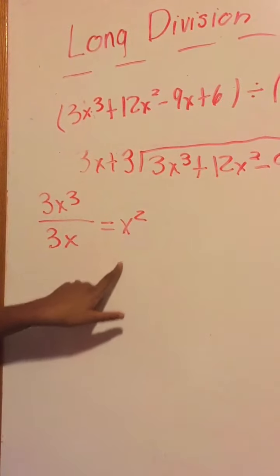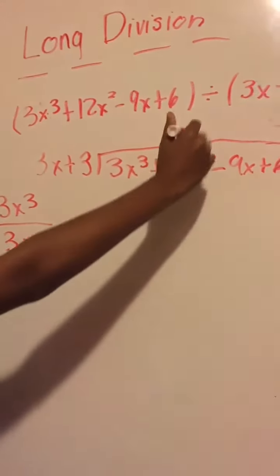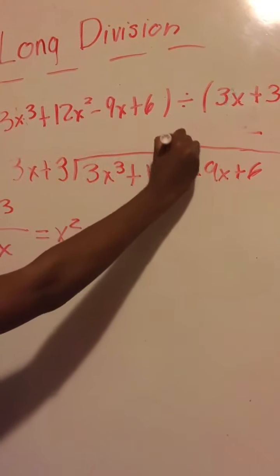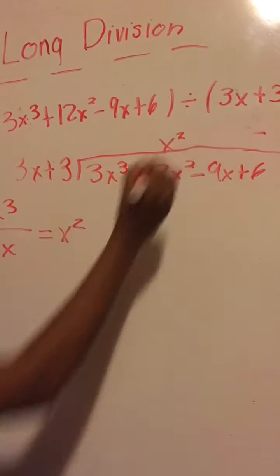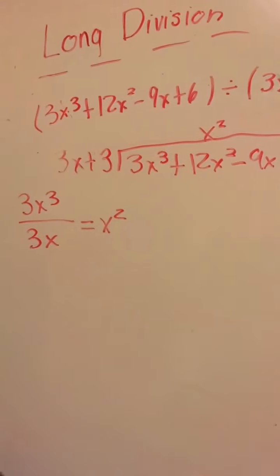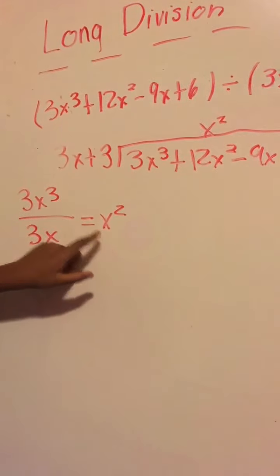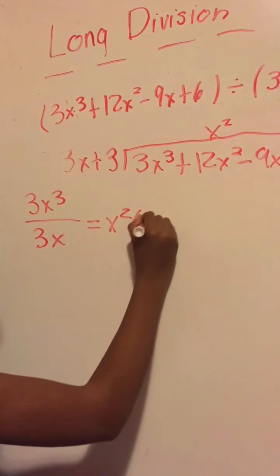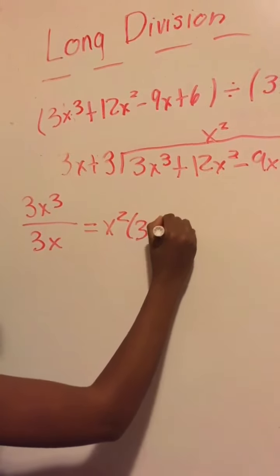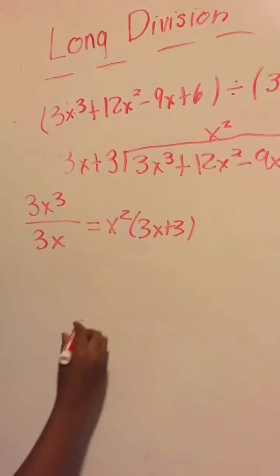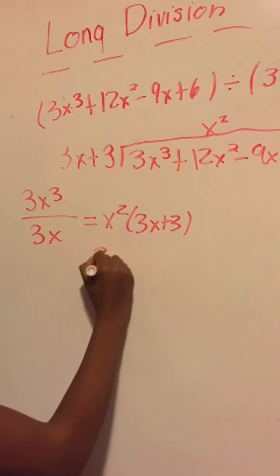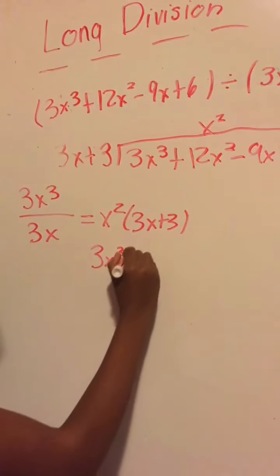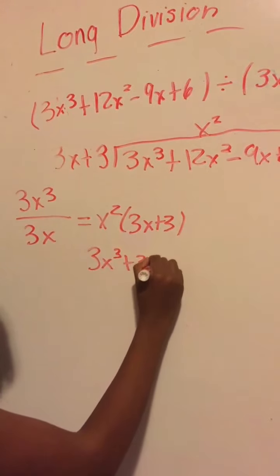And you want to put this x squared on top of the 12x squared. After you do that, you want to multiply your x squared times the outside problem. So x squared times 3x plus 3, and that gets you 3x cubed plus 3x squared.